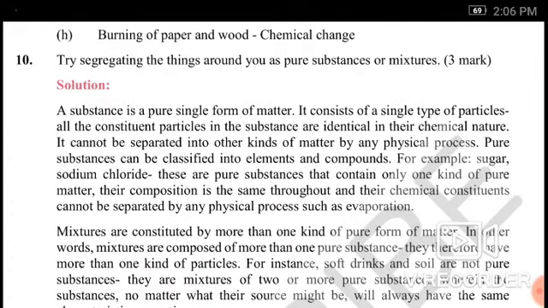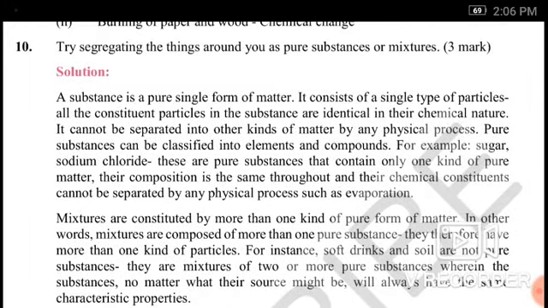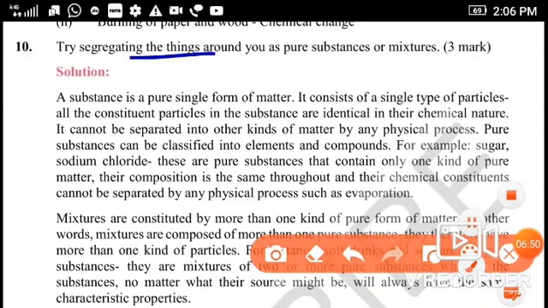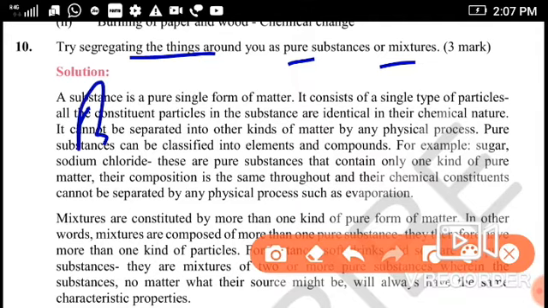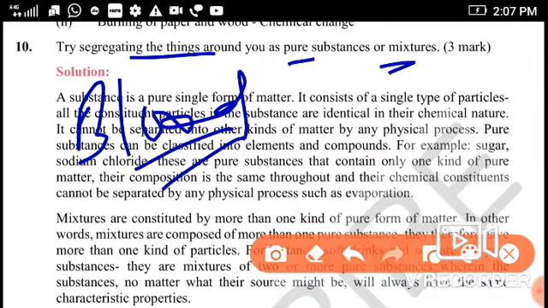Try segregating the things around you as pure substances or mixtures. You can do the answer yourself, or I'm just giving some examples. For example, blood is a mixture.